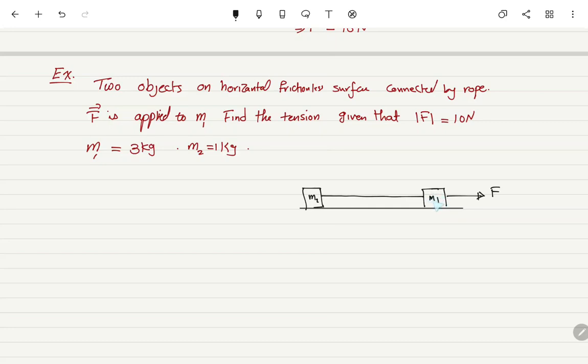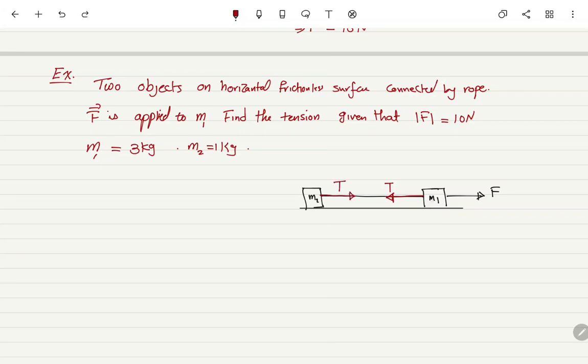We have M1 here and we have M2, and F is applied on M1. Now there's a tension directed on M1 this way, and a tension on M2 directed this way.